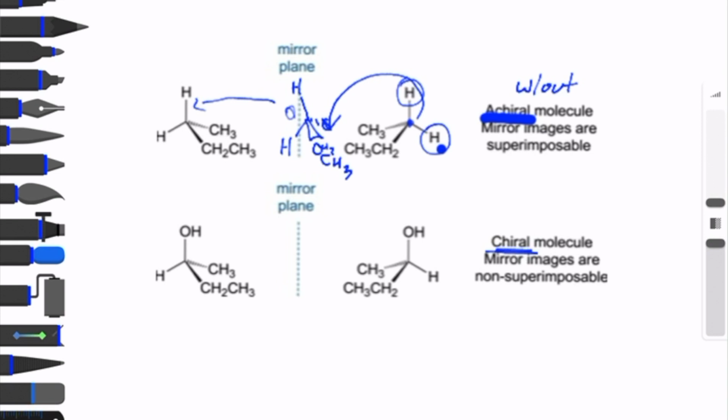Now, I didn't flip it around the bottom. I didn't really move the carbons, because I looked at my first molecule and I saw they're already in the right position. So I just figured out how am I going to move my hydrogens so that they look like the first compound?